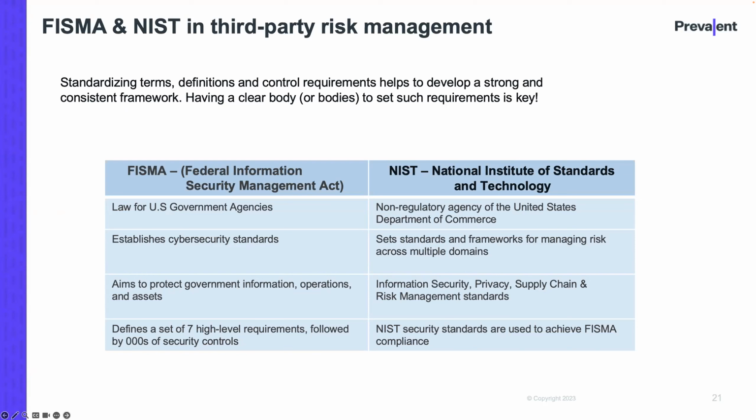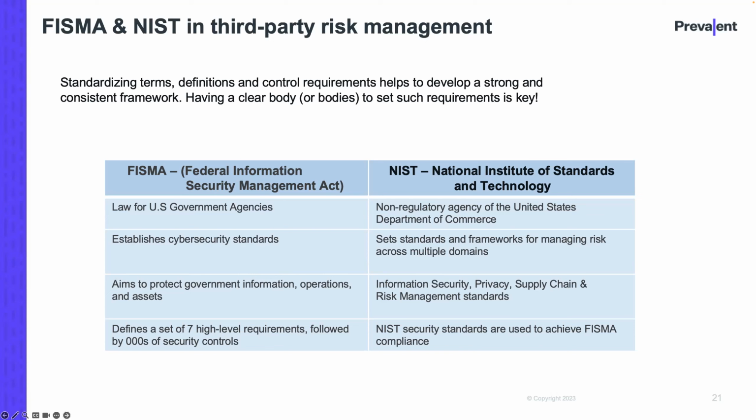So we have two here, both US. FISMA, Federal Information Security Management Act. It's US government legislation focused on federal agencies. The main aim is to adopt an information security program.